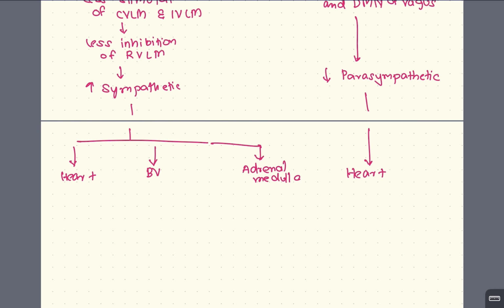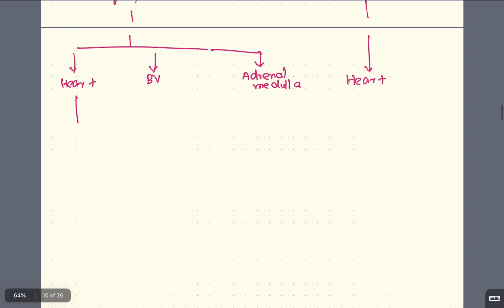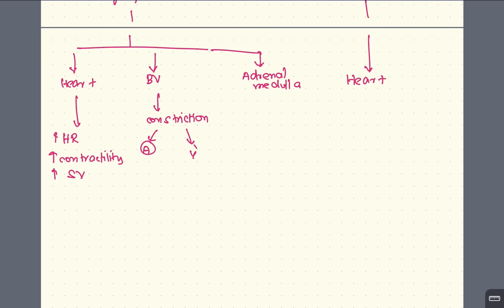In the heart there is increased heart rate, increased contractility, and increased stroke volume. In blood vessels it's basically constriction, in both arteries and veins. In veins, because of the constriction, there is an increase in venous return, and therefore an increase in stroke volume.